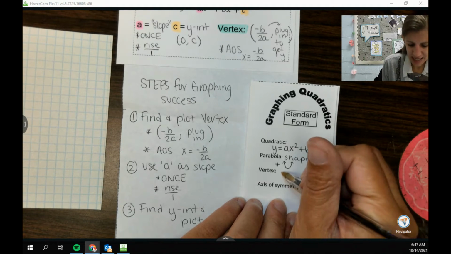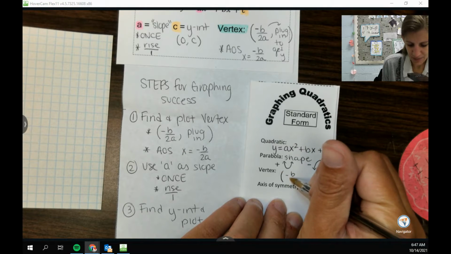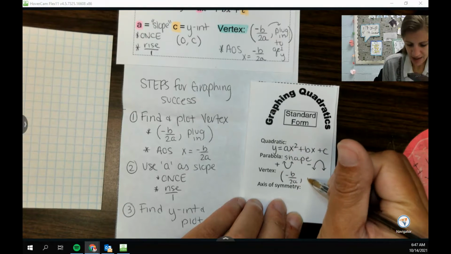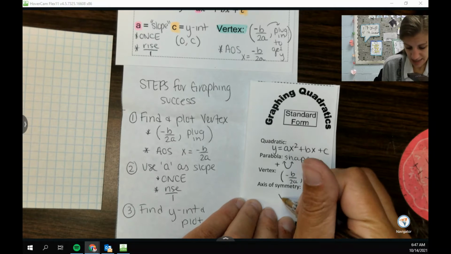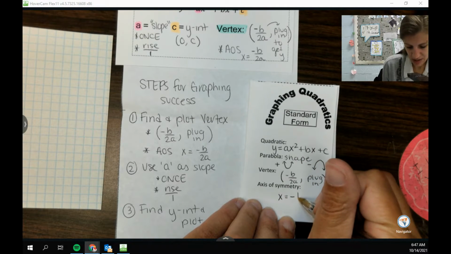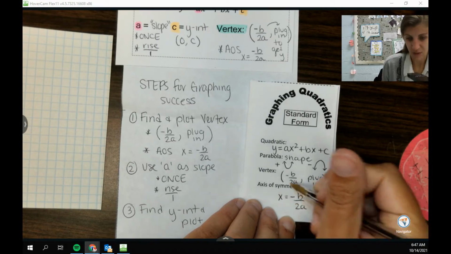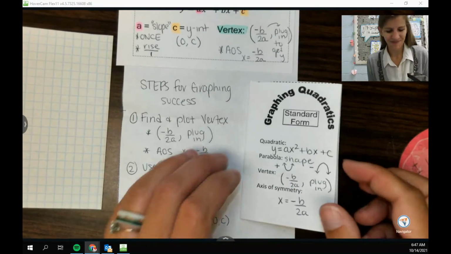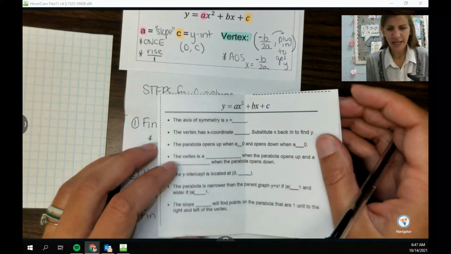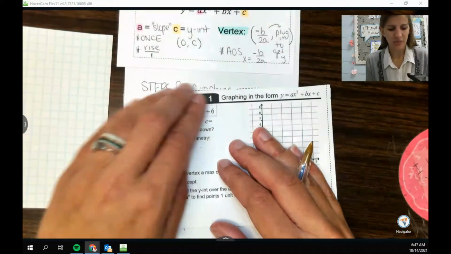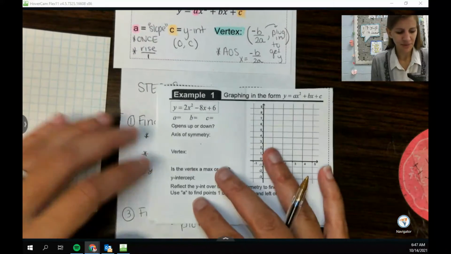The vertex we find by doing that negative b over 2a and plugging in. And then the axis of symmetry is that x equals negative b over 2a because it's right on your vertex. Whole bunch more information here. I think I'm going to actually come back to this one. Let's jump to example 1 where we're going to start graphing.